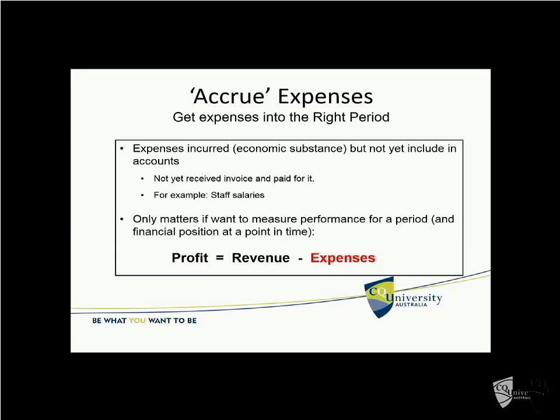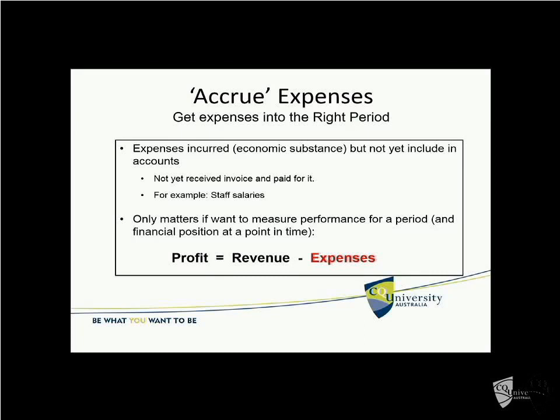The reason for that is that profit equals revenue less expenses. So if some of our salaries expense is not included in the period because we're not going to pay for it till a week or so later, then our profit will be overstated if our expenses are understated.